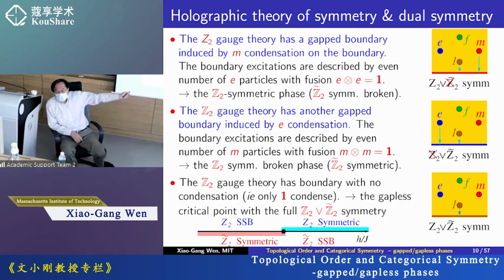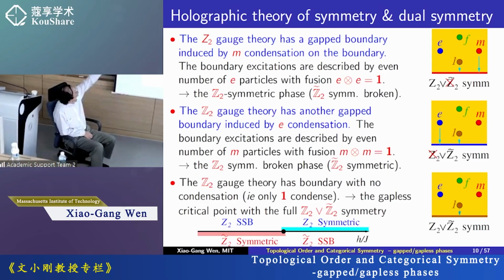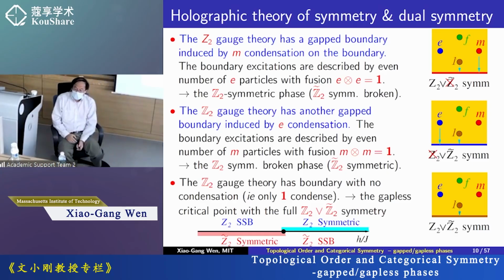This Z2 gauge theory has an automorphism: when you exchange E and M, everything is the same. So actually there's no EM exchange symmetry here, but at the critical point there's an emergent EM exchange symmetry, which is not included here.